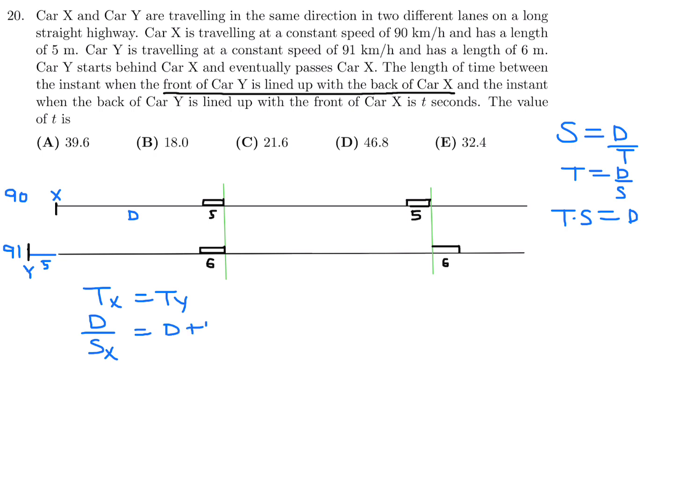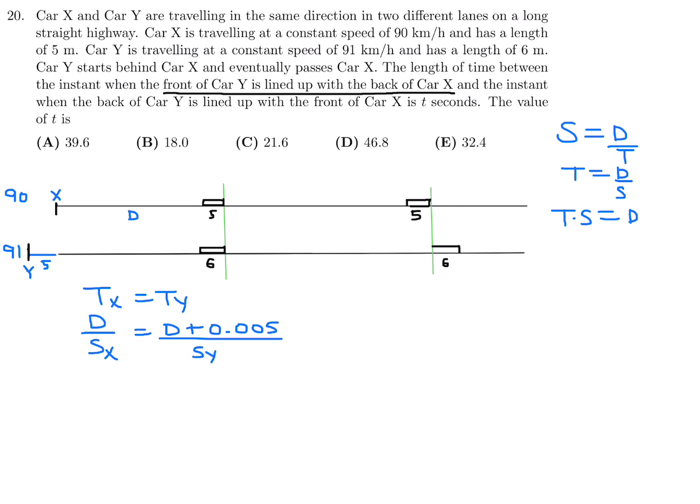So this is D plus 5 over the speed of Y. Our speeds are in kilometers per hour, but the length of the car is given in meters, so we have to convert 5 meters to kilometers by dividing by 1,000, which gives 0.005.